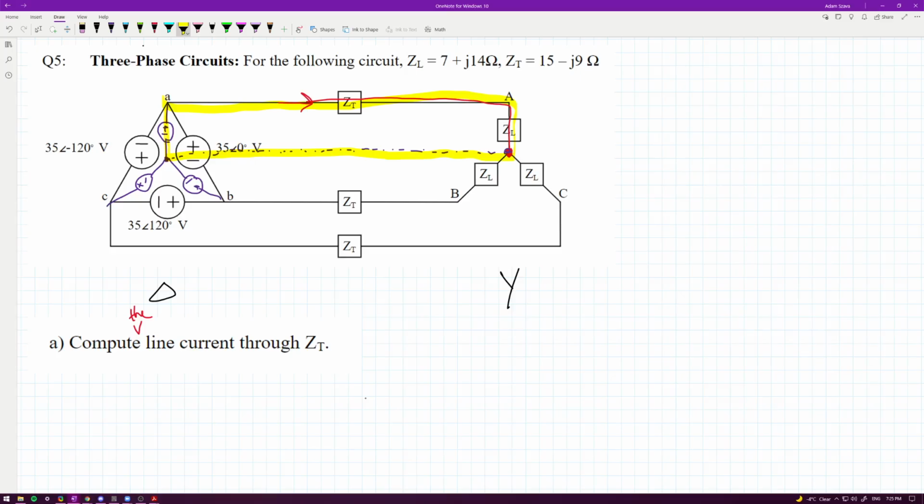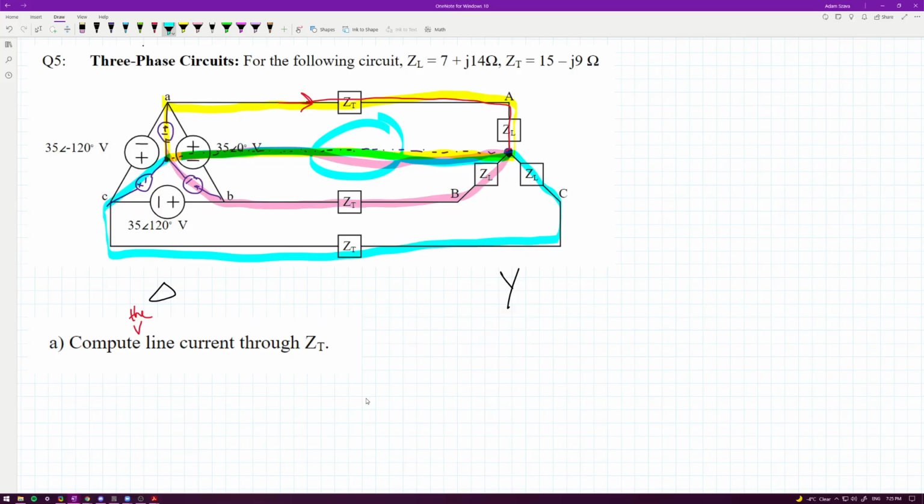The A loop, and there are 3 loops because there are 3 faces. There's one loop, there's another loop, and then there's your third loop. And very importantly, notice this middle neutral has all 3 currents in there at the same time.